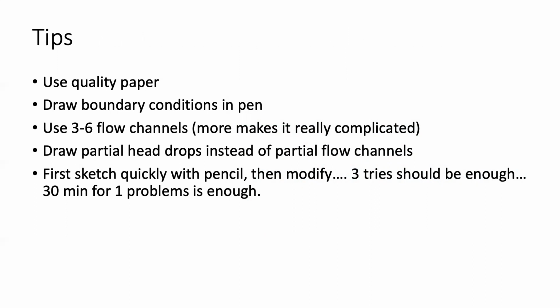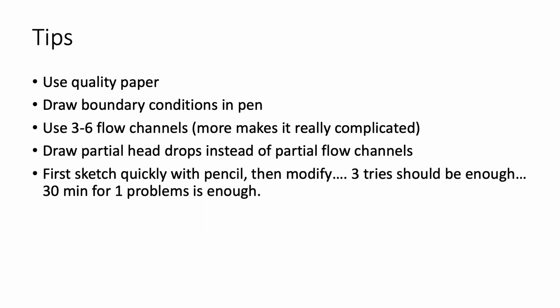You want to draw in your head drops in this system. Now the head drops, or those equipotential lines, are really useful, but sometimes you have to draw in partial head drops instead of partial flow lines to help create the squares that you're looking for.